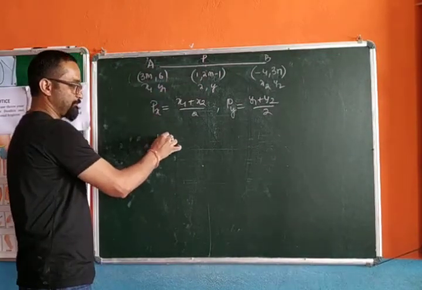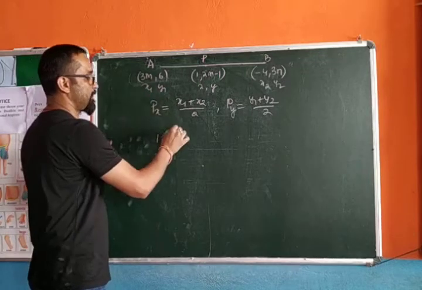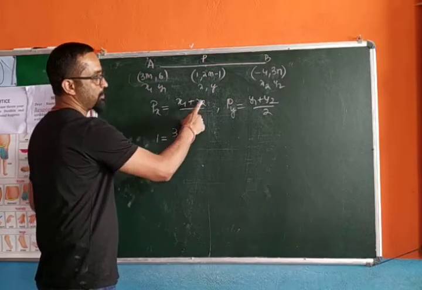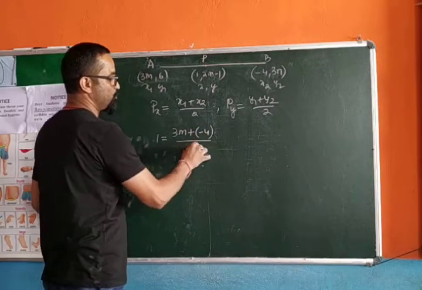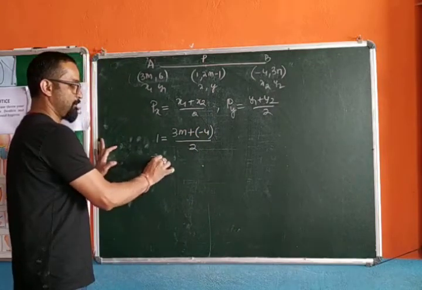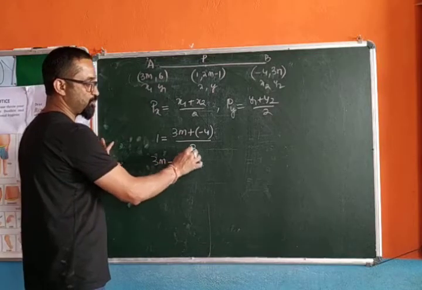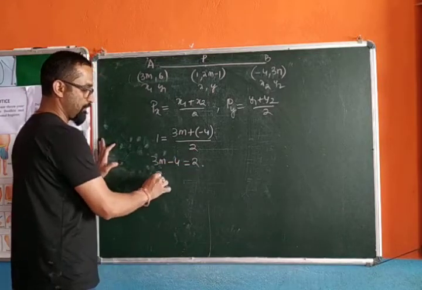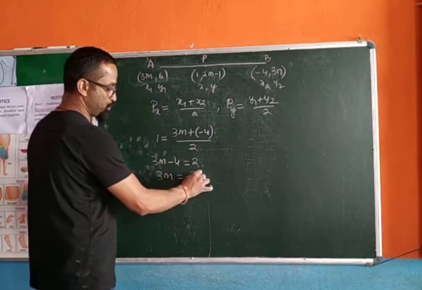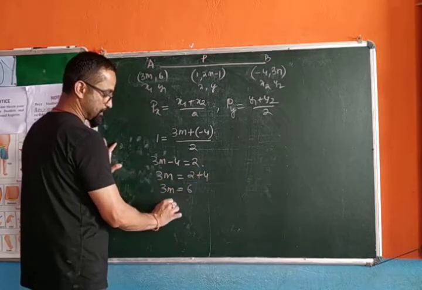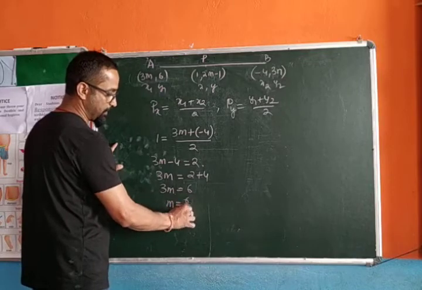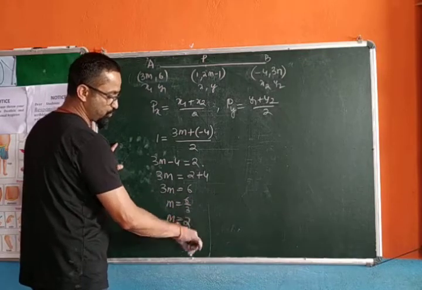Px is 1, x1 is 3m, x2 is minus 4, divides by 2. Cross multiply. 3m minus 4 is equal to 2. 3m is equal to 2 plus 4. 3m is equal to 6. m is 6 divides by 3. m comes equal to 2. First answer.